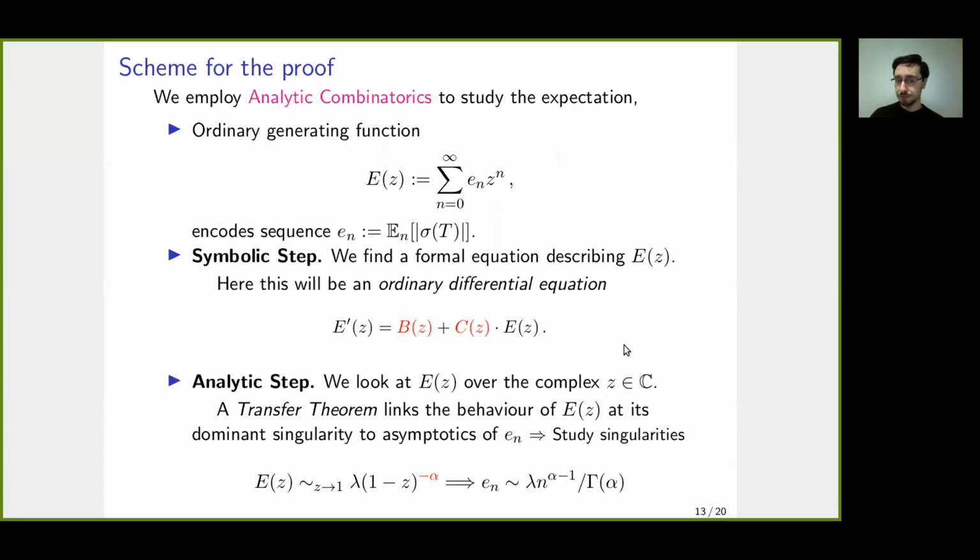And we use a so-called transfer theorem to translate the behavior of the generating function at its singularities, so that's the points where it ceases to be analytic, so where it behaves badly, into asymptotics for the coefficients, so our expected values. So that's the scheme, and let's see how we work out each step.